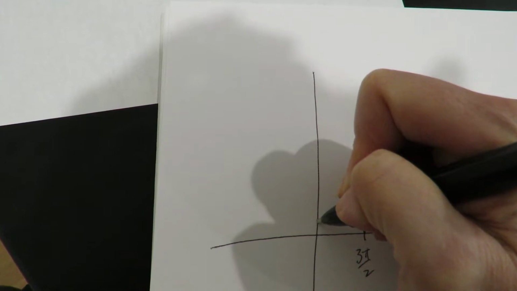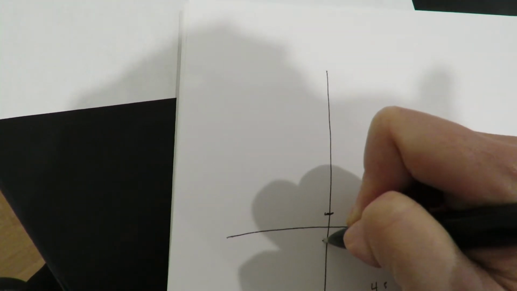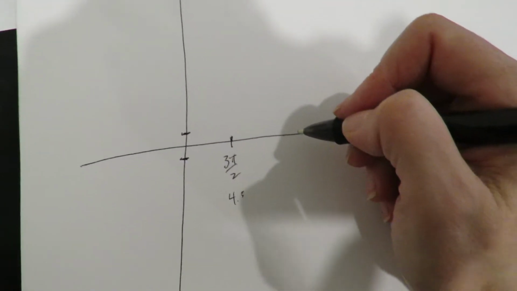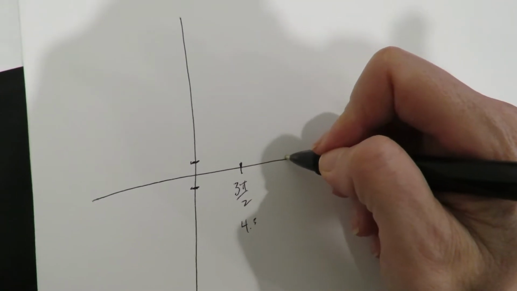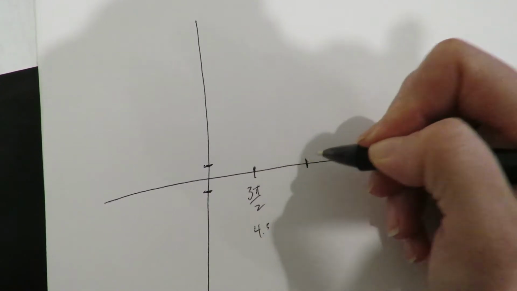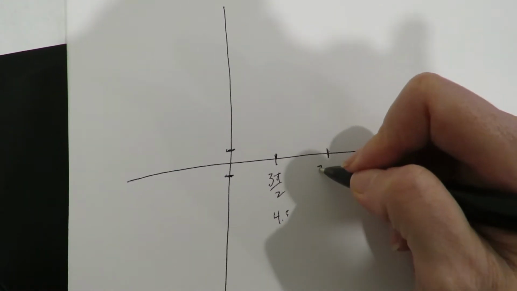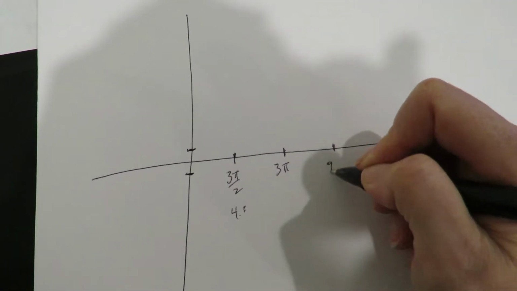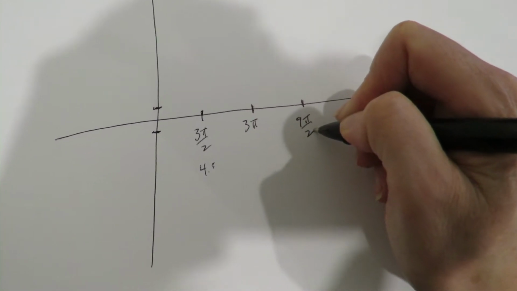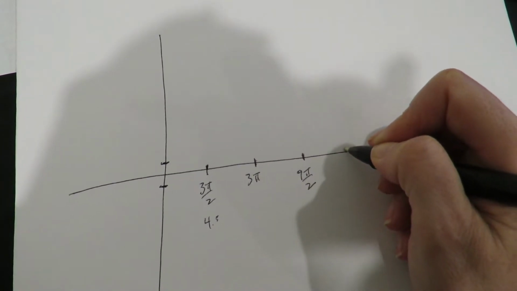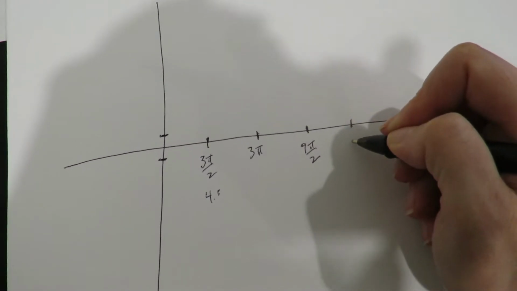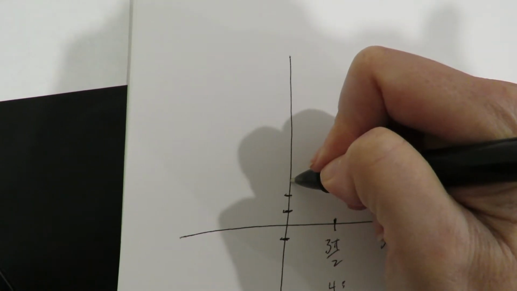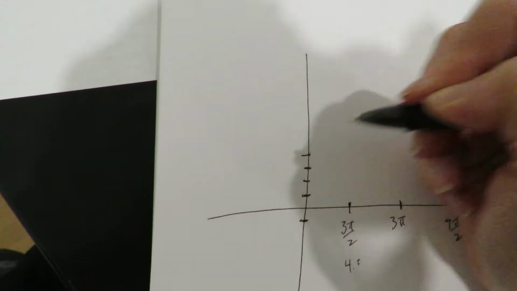Okay, so let me just gauge it at about there. Alright, so 3 pi over 2, then I'm going to be here. I'm going to say that that is 3 pi, and then I'm going to be here. We're going to say that that's 9 pi over 2, and then I'm going to be here, which is 6 pi.